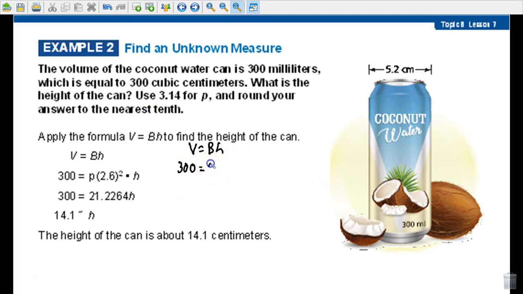So pi, r is half of 5.2, so 5.2 divided by 2, and that is 2.6. 2.6 squared, and then times the height that we don't know. We don't know the height. So now we've got to work out the information that we do know. So 300 equals pi times, what is 2.6 times 2.6?